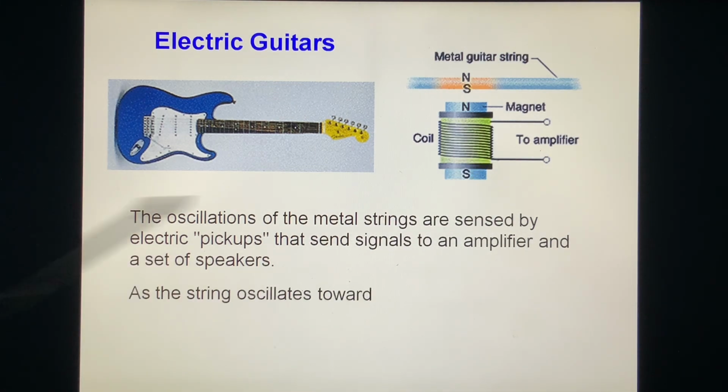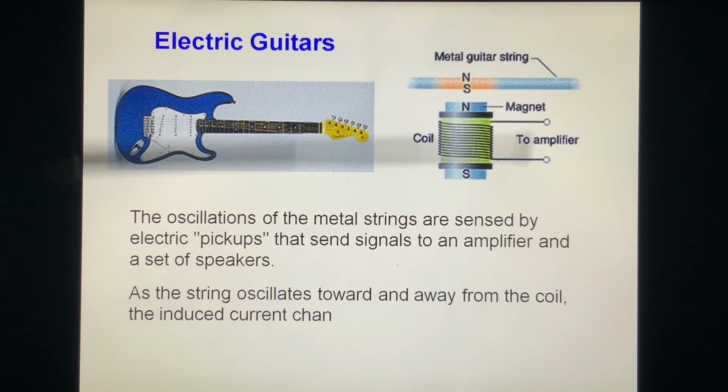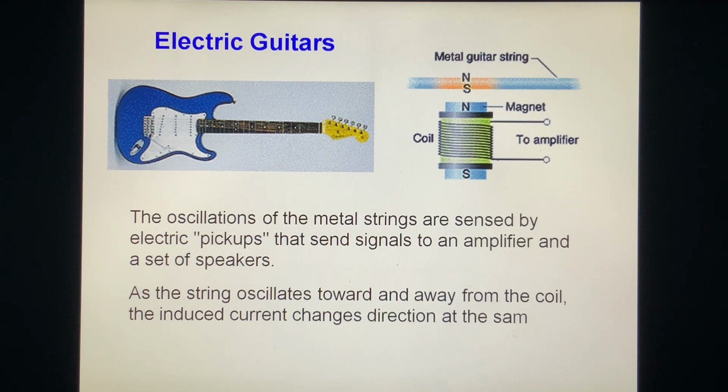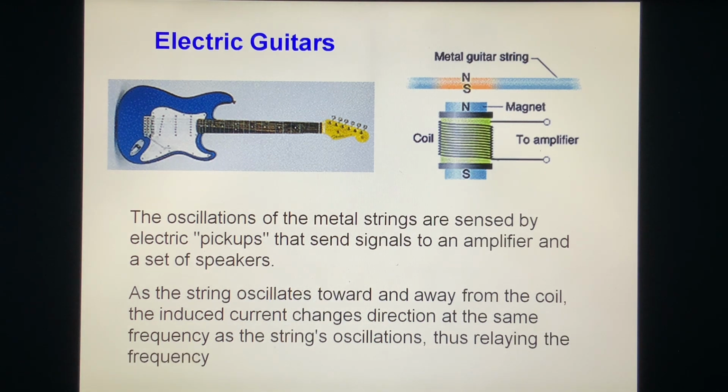As the string oscillates towards and away from the coil, the induced current changes direction at the same frequency as the string's oscillations. Thus, it relays the frequency of oscillation to the amplifier and the speakers.